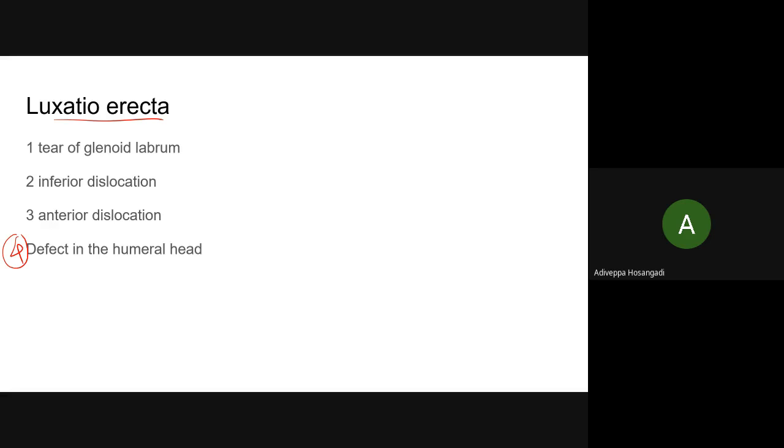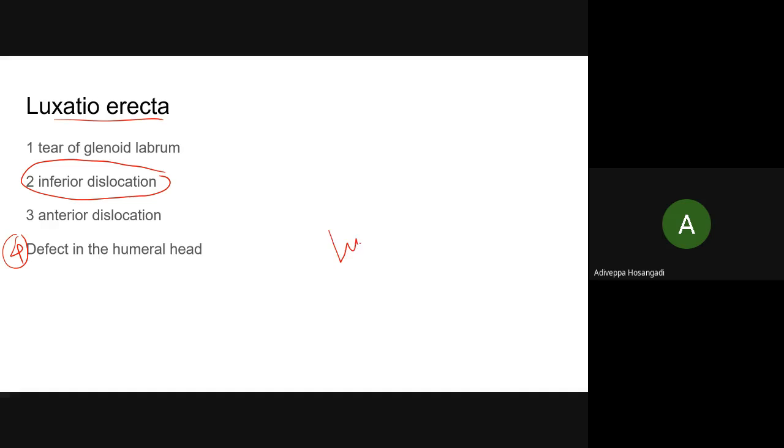Go through the choices. Even if you do not know the answer, by ruling out you will come to the correct answer. Sir, inferior dislocation. Very good. It is the inferior dislocation.